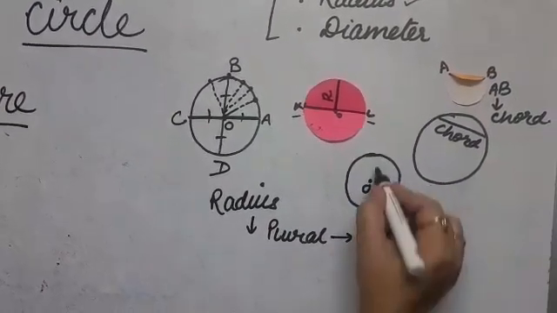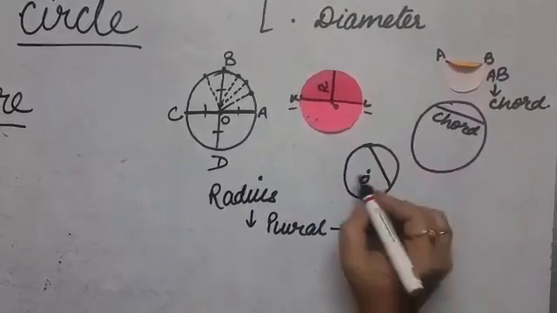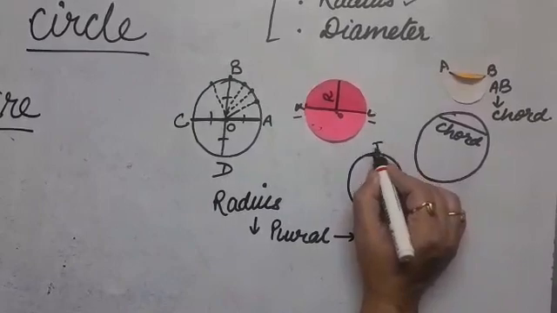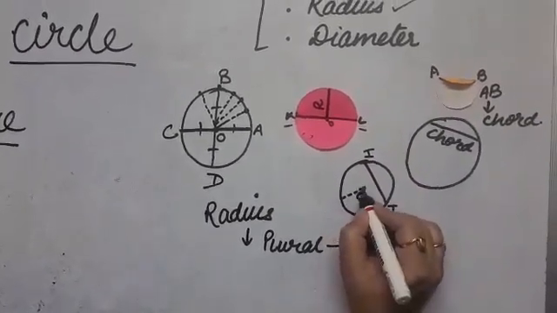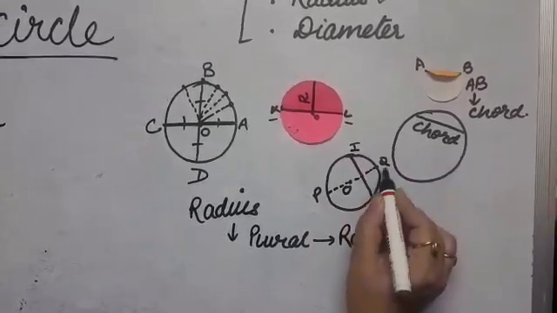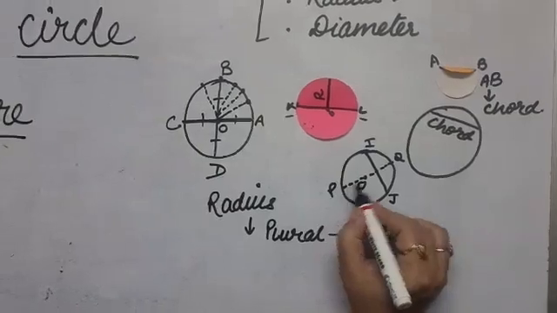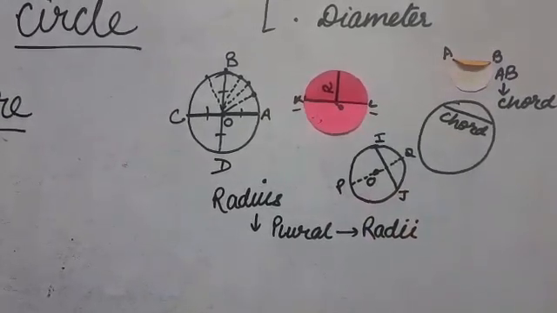This one is center. What about this? It is a chord. IJ is a chord. What about PQ? PQ is chord as well as diameter because it is passing through center of the circle.